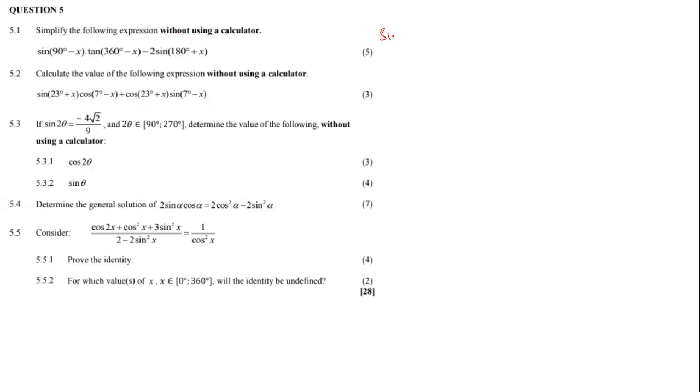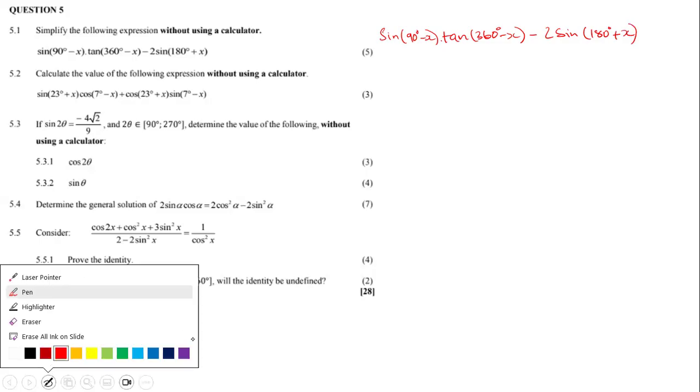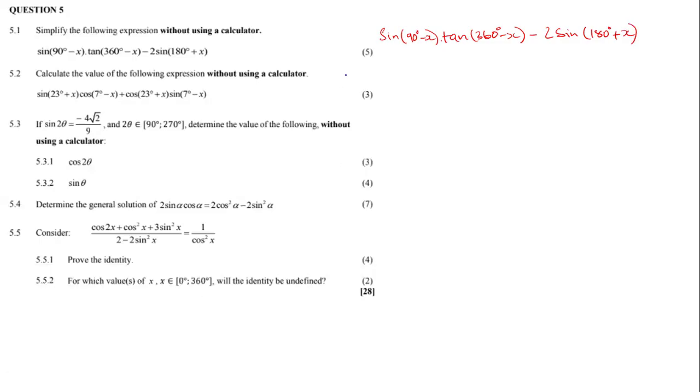I have sine of (90 degrees minus x), multiply by tan of (360 degrees minus x), subtract 2 sine of (180 degrees plus x), right? So this is a question that we need to solve by simplifying it. So then how are we going to simplify this?